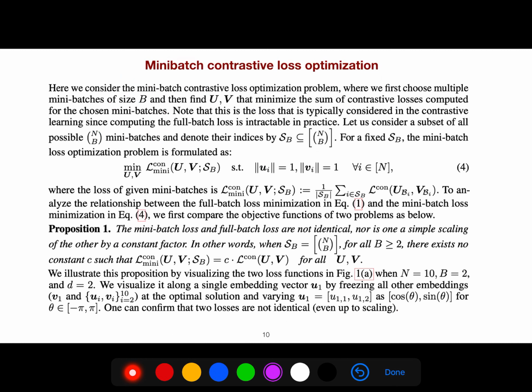Here we consider the mini-batch contrastive loss optimization, where we first choose multiple mini-batches of size B and then find U and V that minimize the sum of contrastive losses computed for the chosen mini-batches.